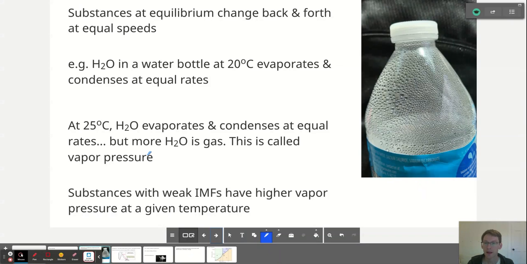If you change the temperature, that will change the equilibrium position. And that's why the vapor pressure at, say, 25 degrees Celsius is going to be greater than the vapor pressure at 20 degrees Celsius. And actually, you may have noticed if you've ever boiled water on a stove, you're going to notice the vapor starting to be produced and starting to really show itself as you get closer to the boiling point.